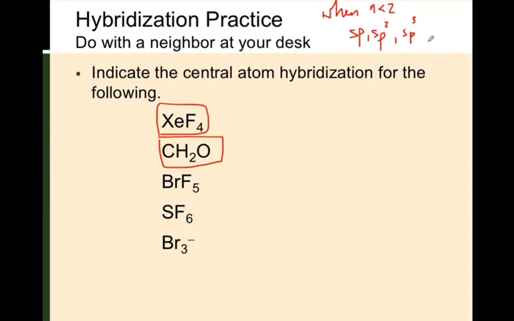Like I said, maybe a minute or so. Try doing the Lewis structure first. The Lewis structure for that should be fairly straightforward.